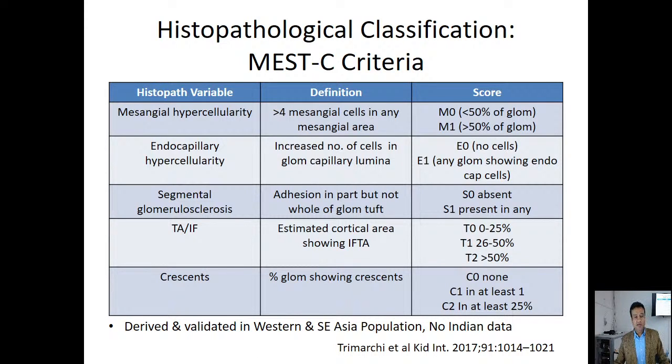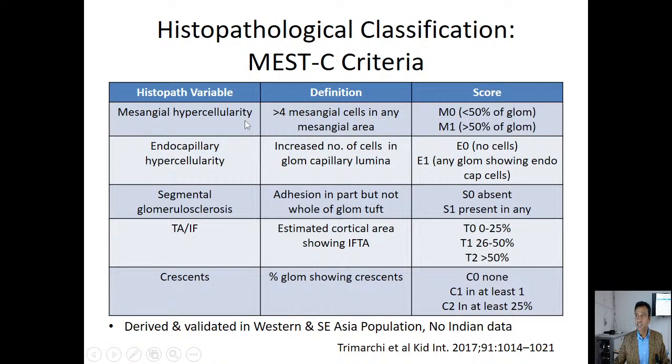Another important aspect which Dr. Arun also highlighted once we talk about clinical profile is the pathological correlation, and that is best represented by the MES score. Dr. Geetika would be talking in much more detail about that. It's derived from the Oxford cohort, first published in 2009, and crescents were subsequently added, so it became MES-C in 2016.